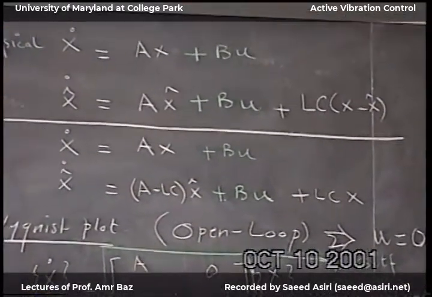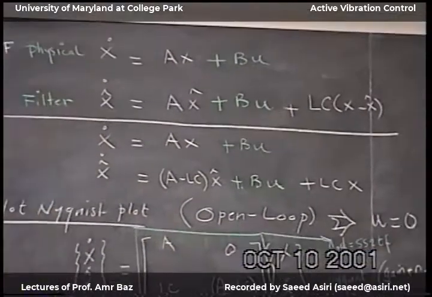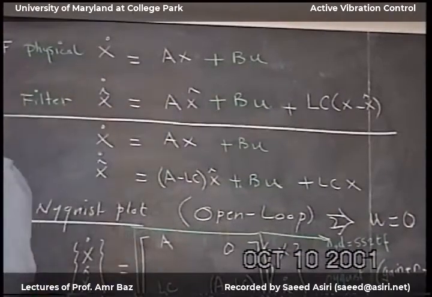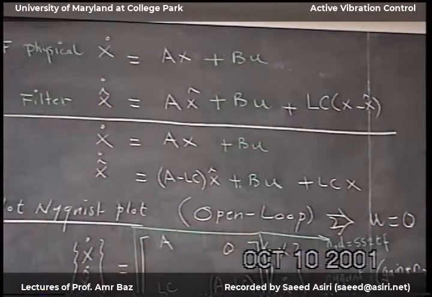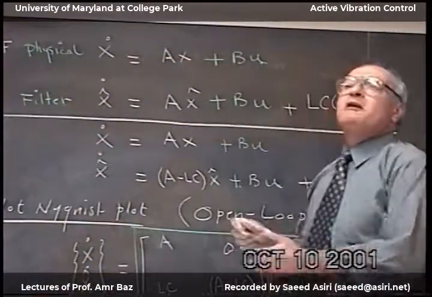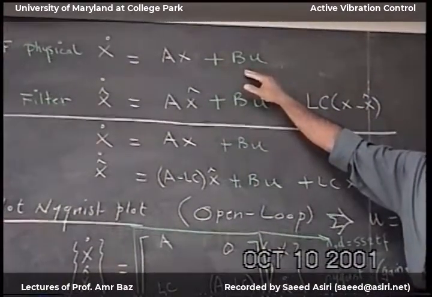This is the filter equation. The physical system has A like this, but has B like this. This B is 0 and M, because the physical system might have uncertainty where I place the actuator.